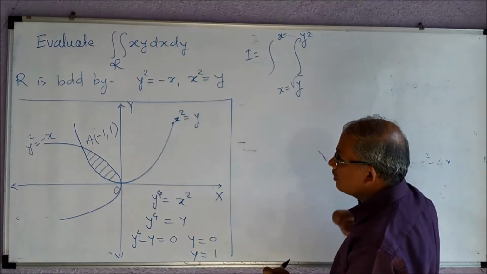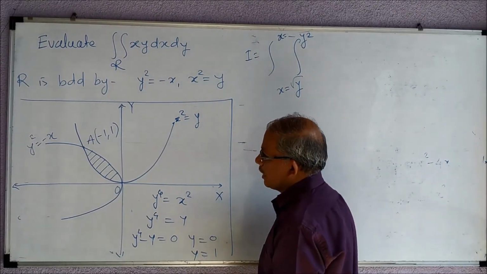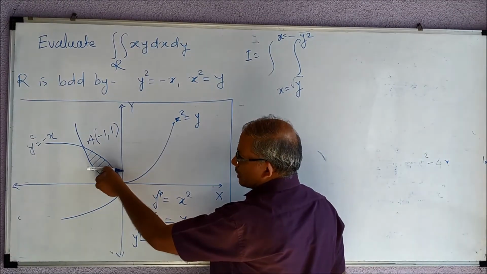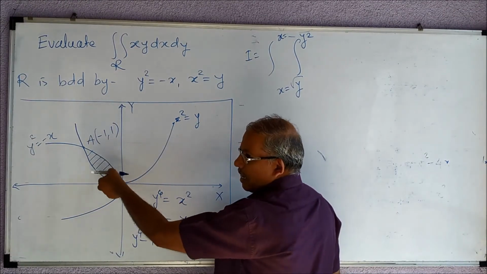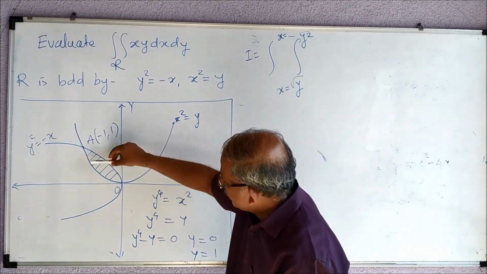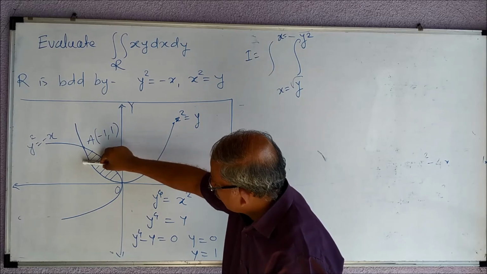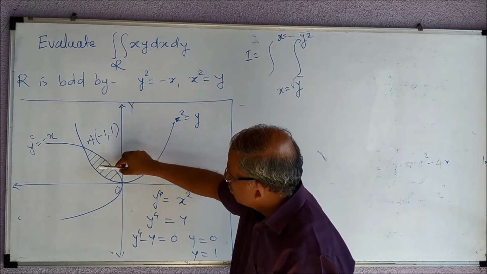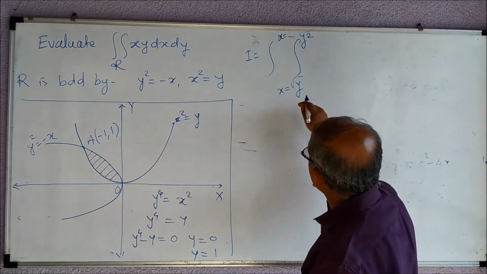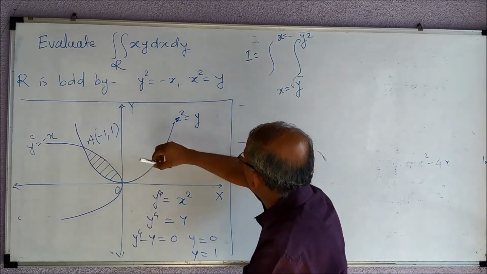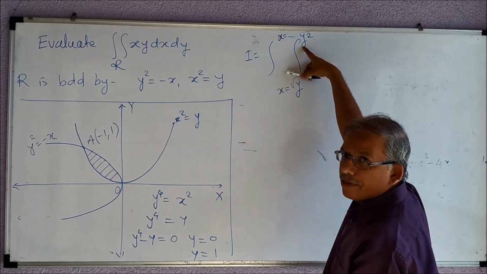How is this obtained? Okay, see, I have decided to take the integration to traverse the area like this. Once you decide like this, you find out the limits in terms of x: x equal to something on the left hand side will be your lower limit, and x equal to this curve will be your upper limit.